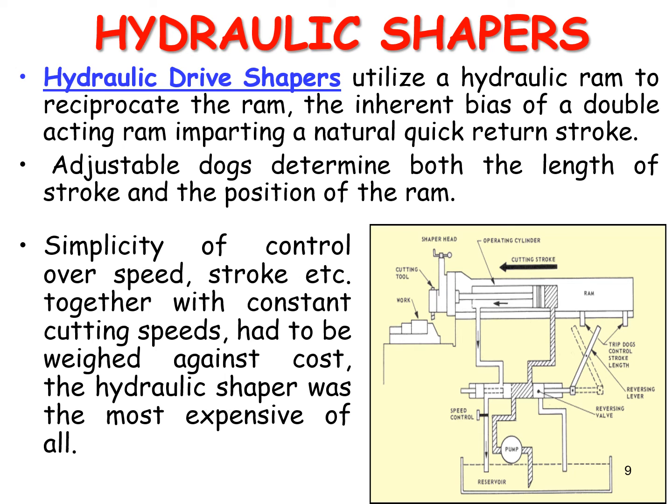Based upon the oil direction, the piston will move forward and backward. Only the forward stroke will cut the metal and the return stroke is idle. So in the idle condition it reaches the home position in the quickest way. This is called the quick return mechanism.